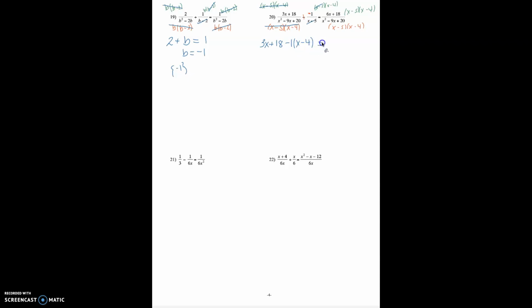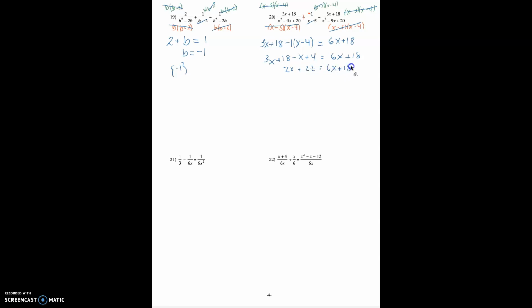Then equals, same thing. So those simplify, and we're left with that 6x plus 18. So let's distribute that negative 1 there. Combine our like terms. So 2x plus 22 equals 6x plus 18.